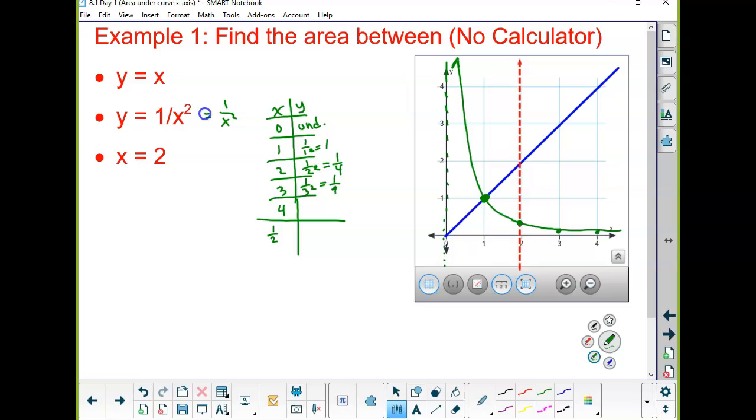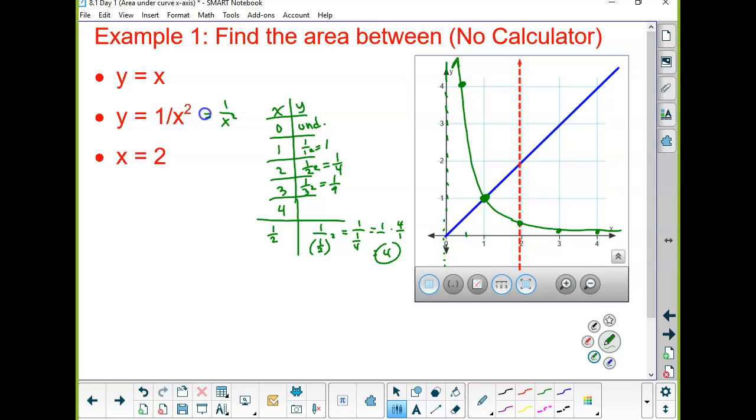Just so we know roughly where this is going, if I put 1 over 1/2, now we have to be careful. That's 1 over 1/4 when I square everything, and then we multiply by the reciprocal, which basically is 4. When I go over 1/2, I'm up here at 4. And there's your nice function.